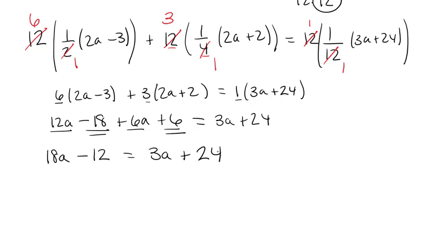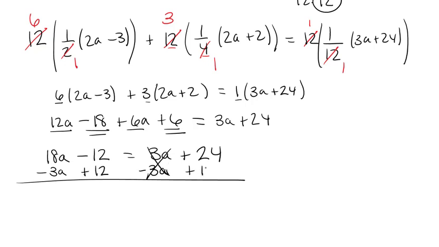Now we need to get a's by itself, and the numbers on one side all by itself. So we go minus 3a to get rid of it on the right-hand side, and then add 12 to both sides to get rid of it on the left-hand side.